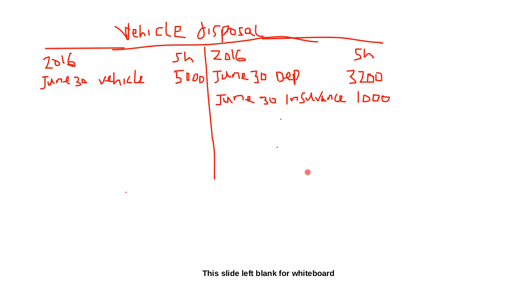So that difference again is taken to profit and loss account, and you have to indicate whether it is a profit or a loss. Remember that the value of this vehicle was 5,000. We provided for depreciation of 3,200, and the money that we got from insurance was 1,000.